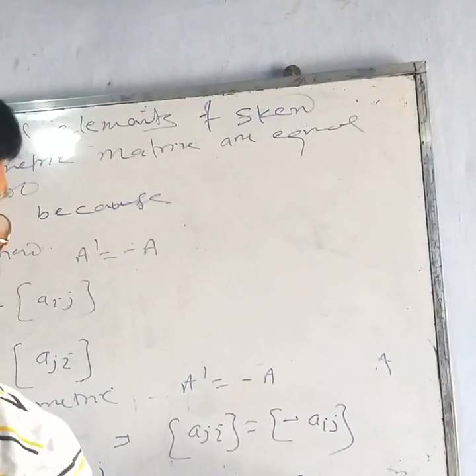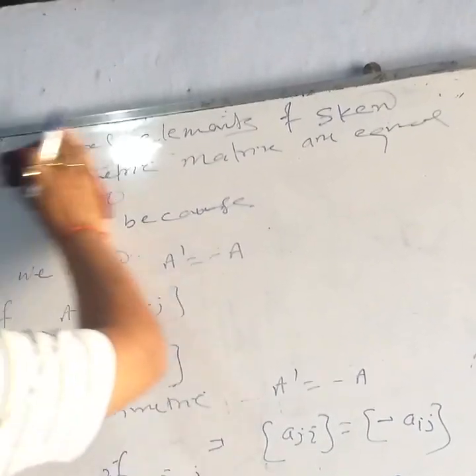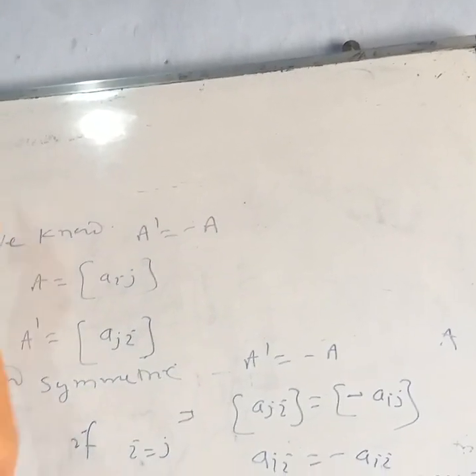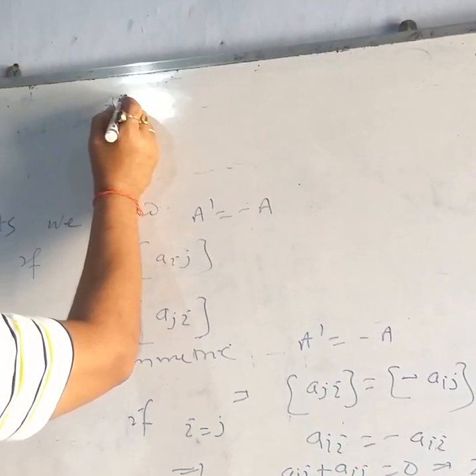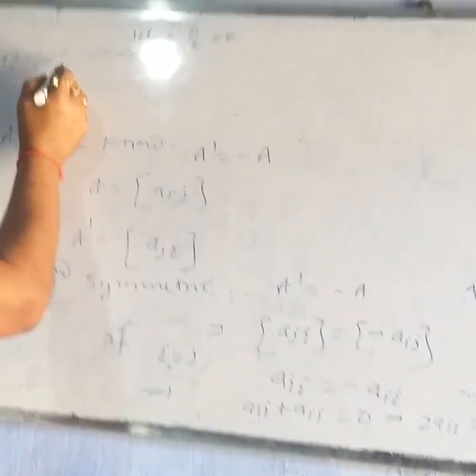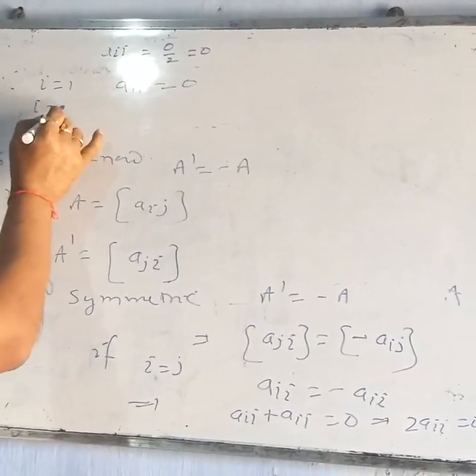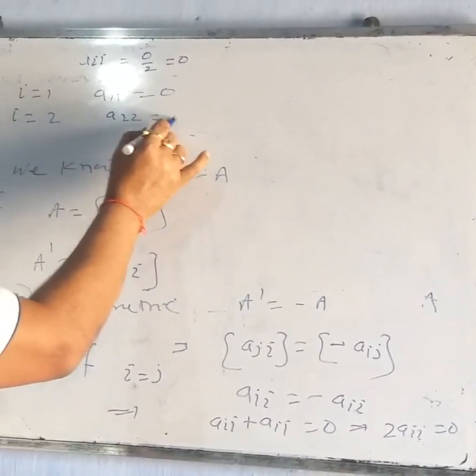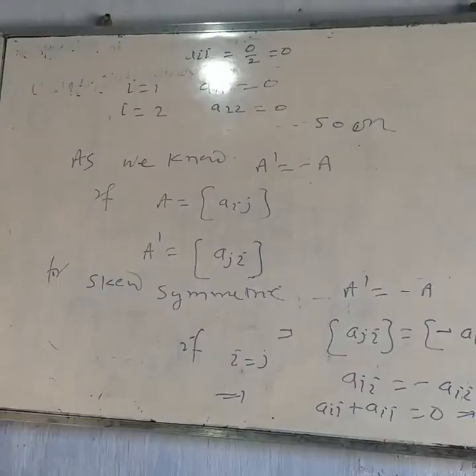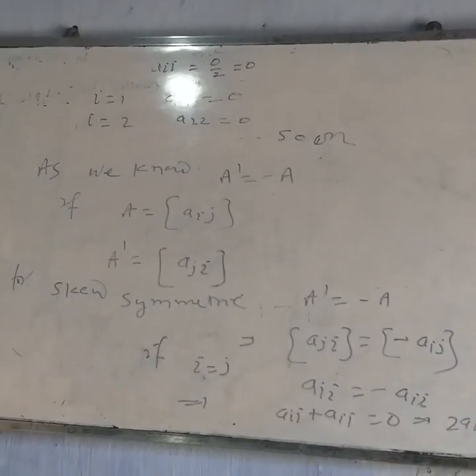So 2Aii is 0, so Aii is 0 by 2, which is 0. Therefore i equal to 1, A11 is 0; i equal to 2, A22 is 0, and so on. So diagonal elements of a skew symmetric matrix are always equal to 0.